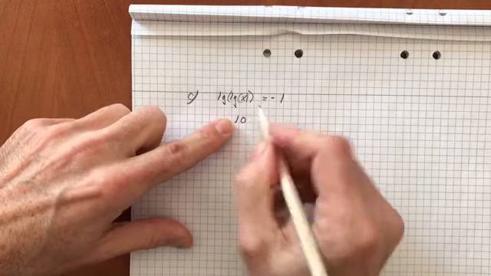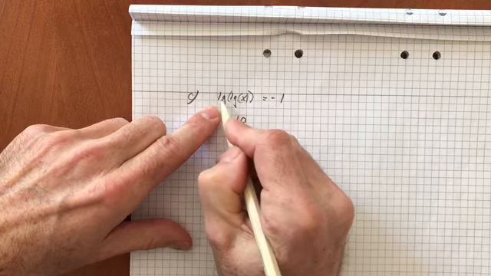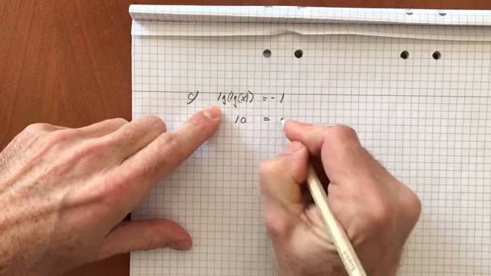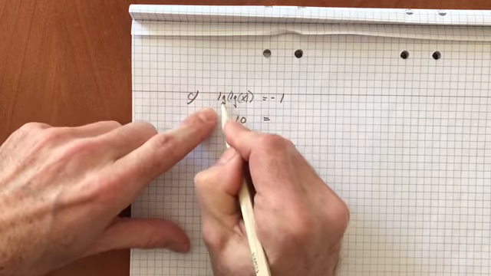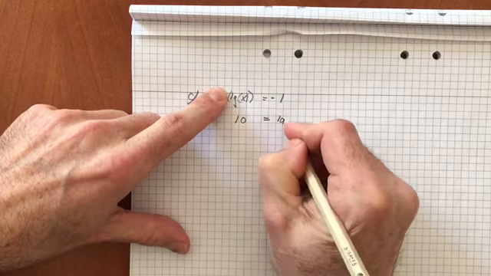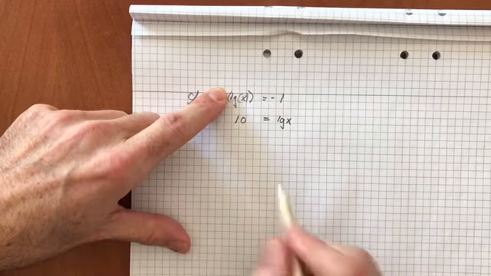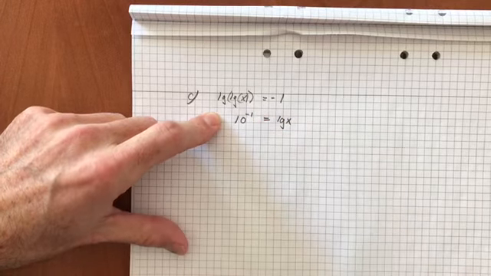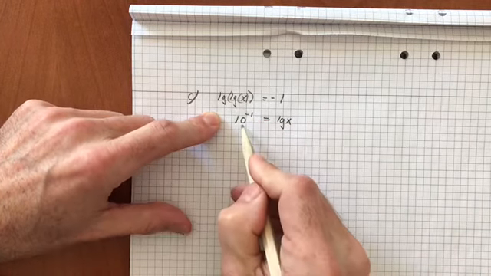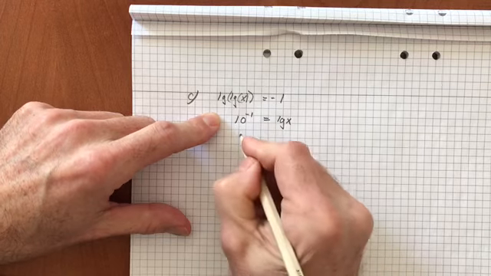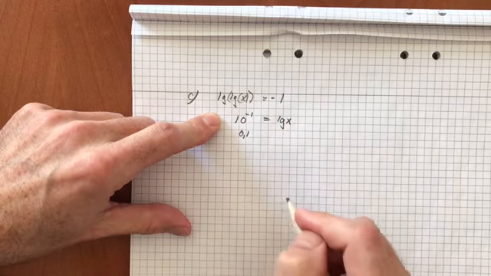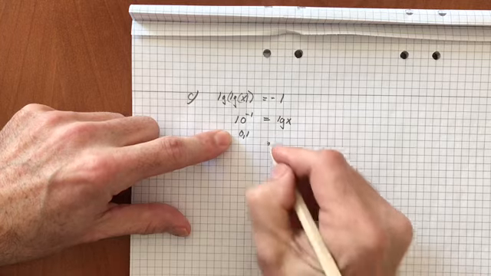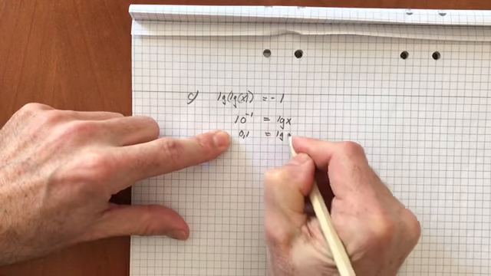So 10, and you take this in the exponent, then you will get this number inside the brackets. That's log x. But now, this number is the same as negative 1. Now, 10 to the power of negative 1, that's 1/10. And that's log x.